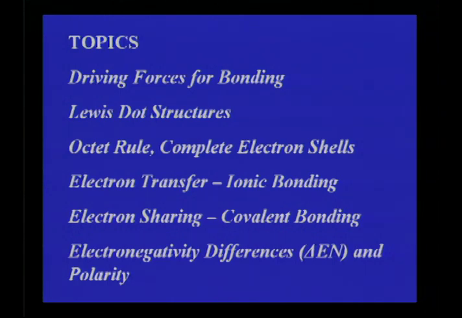The mechanisms of achieving this goal: the electron transfer mechanism, which leads to ionic bonding because ions are formed as a result, and electron sharing, which is another strategy to obtain the noble gas electron configuration or complete shells. And then how can we know what atoms will do? What procedure will they choose for their octet, for achieving this special electron structure?